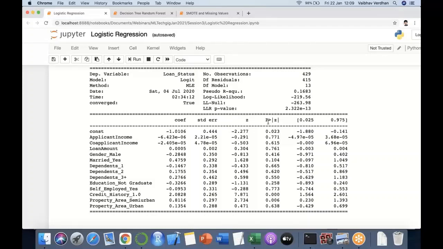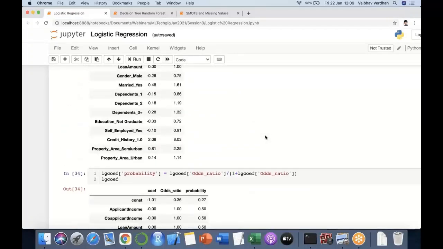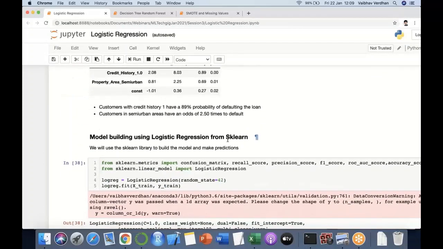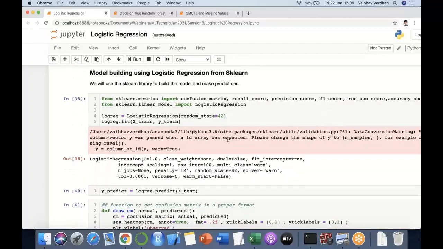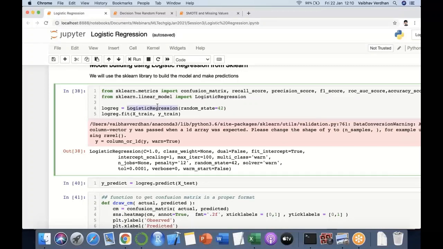Now, these are the respective coefficients for them. If you want to use logistic regression from the scikit-learn library, that can also be done. Over here you can see that we have the scikit-learn library, and from there we have a logistic regression model.